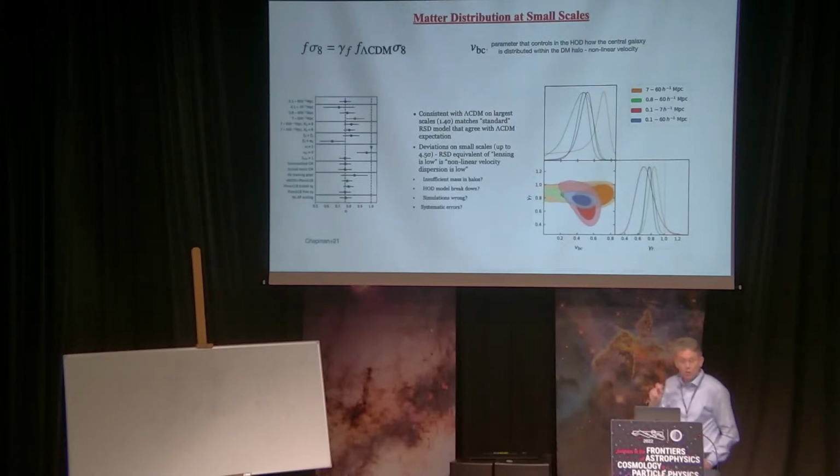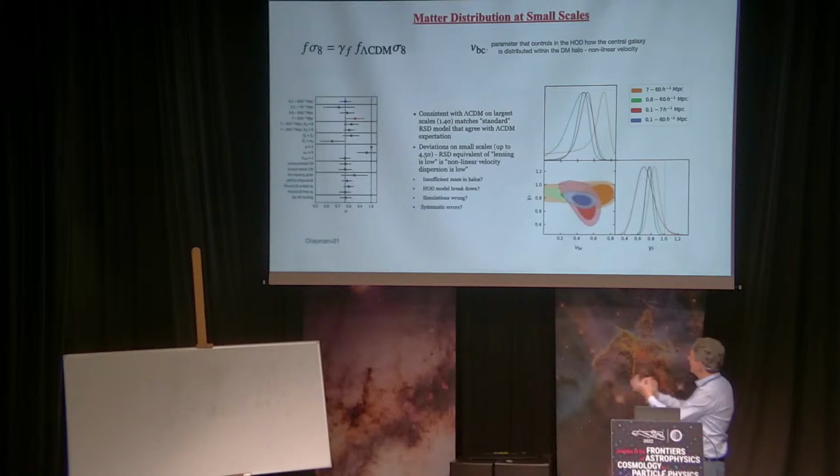This is somewhat going to scales that are more non-linear, right? So what do they do? They parameterize this f sigma 8 in this way, and this gamma_f is a parameter that tells you the deviation from the lambda CDM value, right? And so what these people saw was the following: they have this parameter, v_bc, which controls the way in which you populate dark matter halos with galaxies, right?